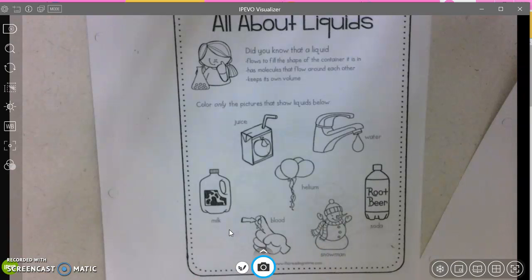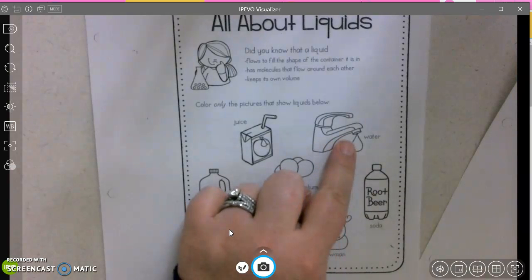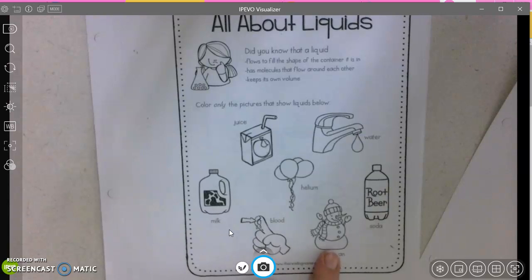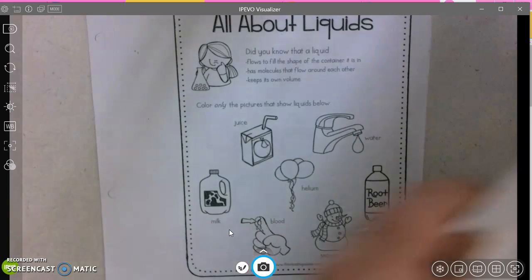Water is one of the most unique types of matter, or matter? I don't know. Water is one of the most unique things because it can be all three, and liquid water is a liquid, but snow as a snowman is not a liquid.